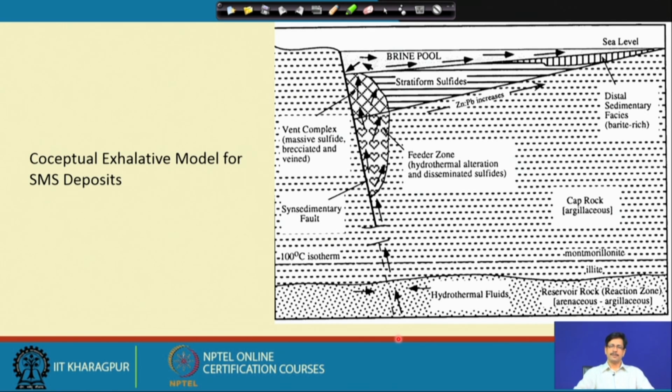It also depends on the volume of the rock that is involved. If the metal has to be derived only from this sedimentary pile, then it would definitely require a far greater amount of rock to be involved, and the fluid to be squeezed out from this sedimentary horizon and channelized through such a system as shown here.